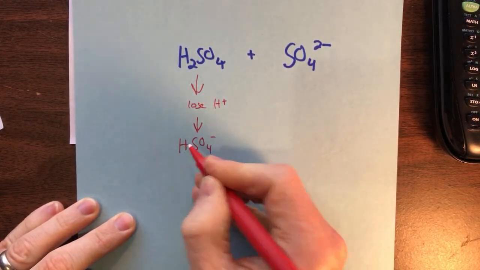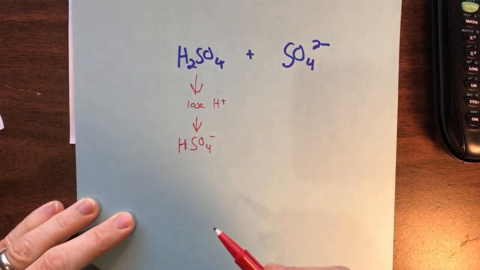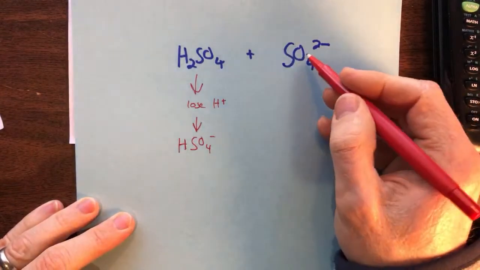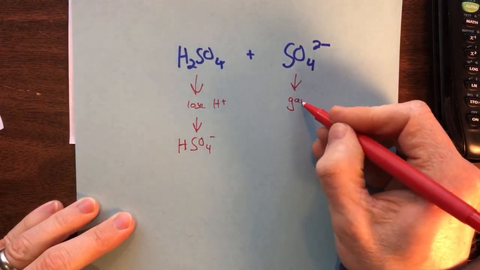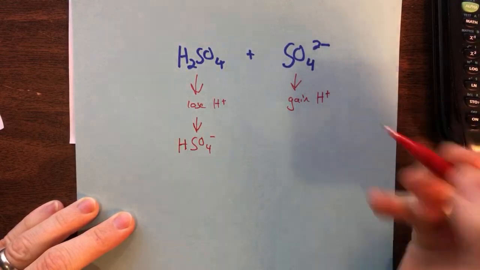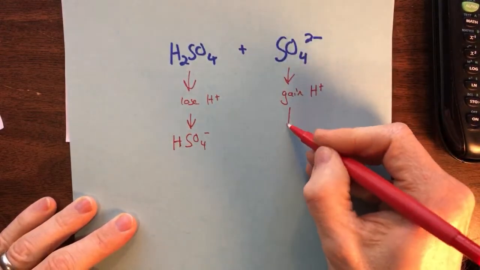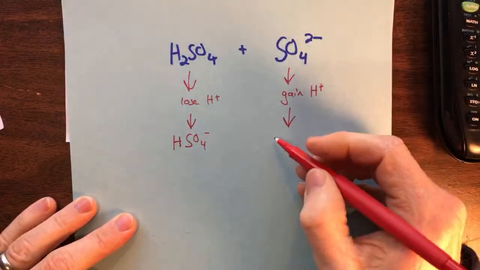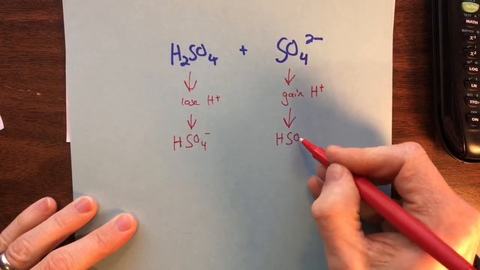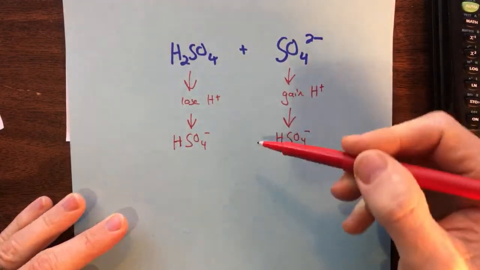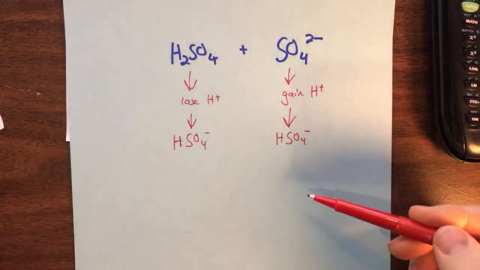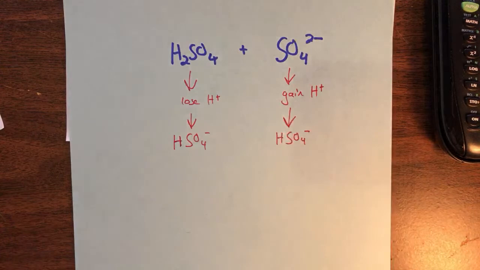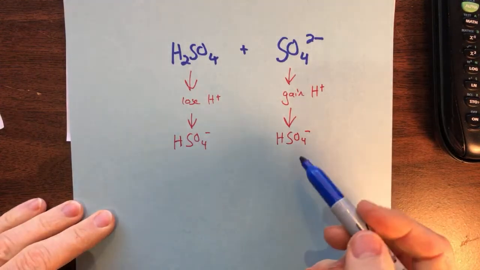You find the thing that can lose H+, and then you take it away. And then the other thing must be something that's going to gain an H+. When that gains an H+, it's going to turn into HSO4-. Now, you could possibly have this one lose another H+, and this one gain another H+, and that can happen sometimes. But if you did that, nothing would happen.